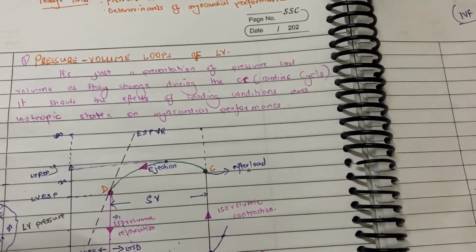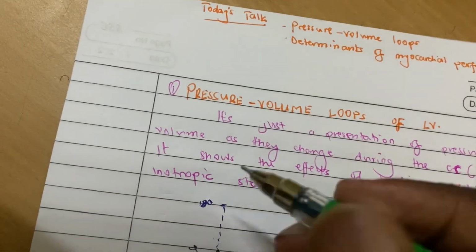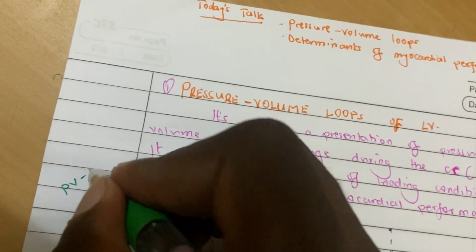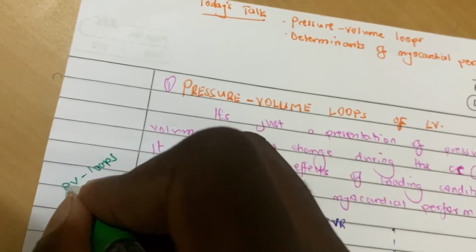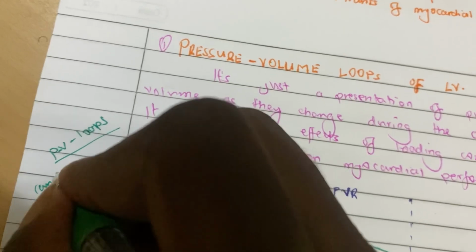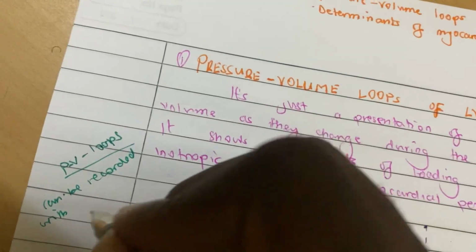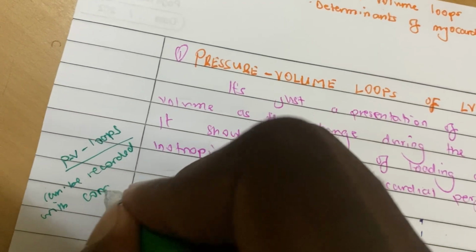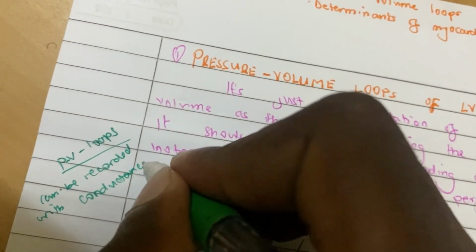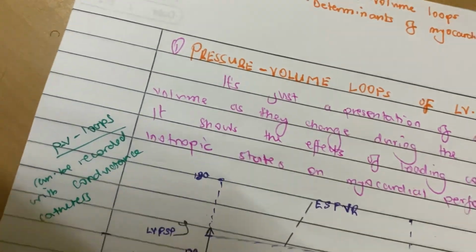So the equipment we use, PV loops can be recorded with conductance catheters.